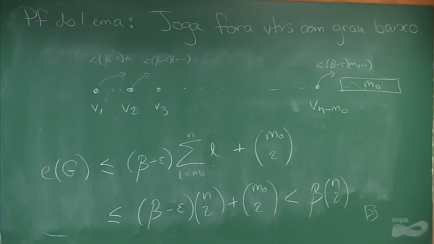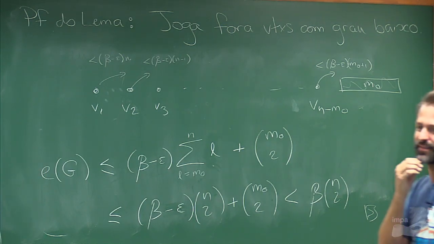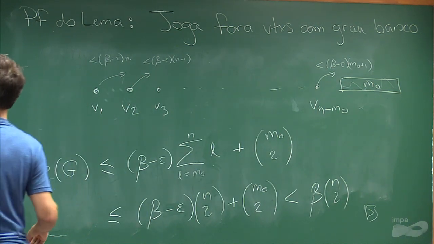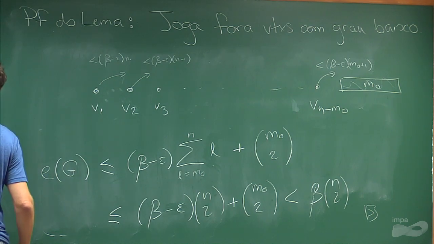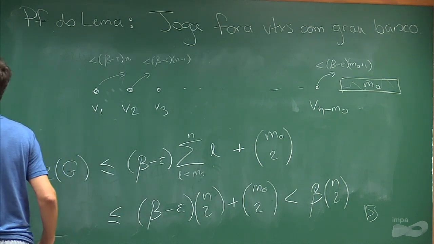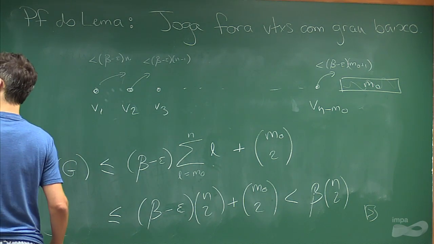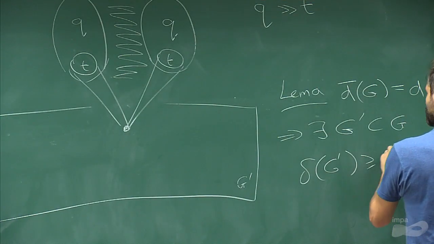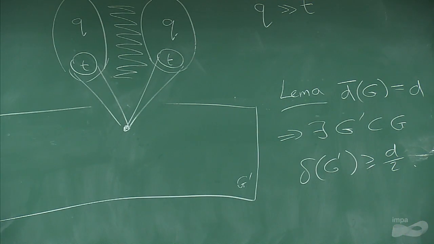Can you remember what was different from this one and the last lemma we proved? Last time, the lemma we proved said that if the average degree of G is D, there exists a G prime with min degree at least D over 2.